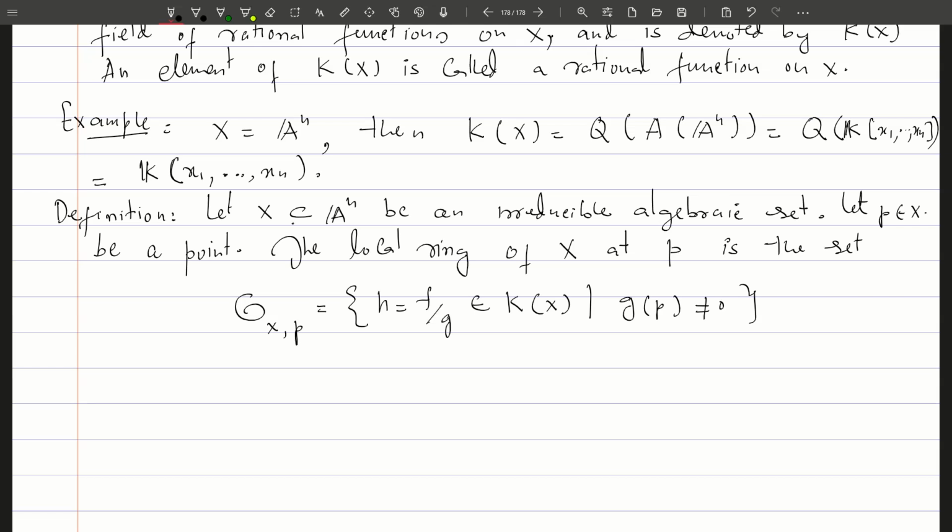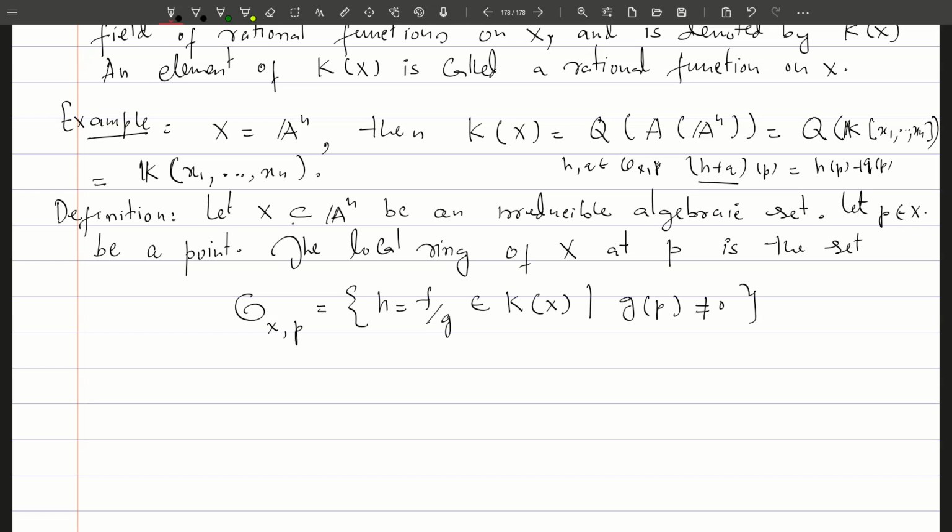So one can verify this set is indeed a ring, I mean a subring of Kx. One can easily see over here, if we have two elements, say H and Q in O of XP, then H plus Q of P will be, by definition of these rational functions, H of P plus Q of P. Now H and Q being elements of this set, the denominator does not vanish at point P. So this rational function is also an element of this set.